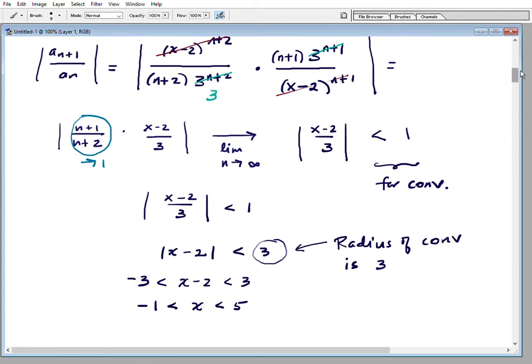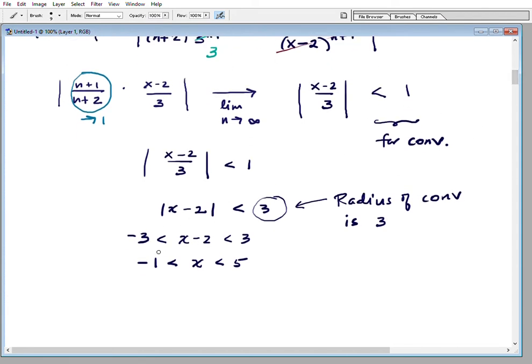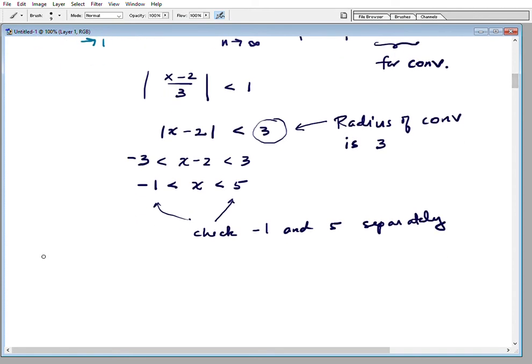All right, but now we want to see, do we have convergence at -1 and at 5? So we have to check these separately. So let's do that. We'll check x = -1 first, and just substitute x = -1 into the original.